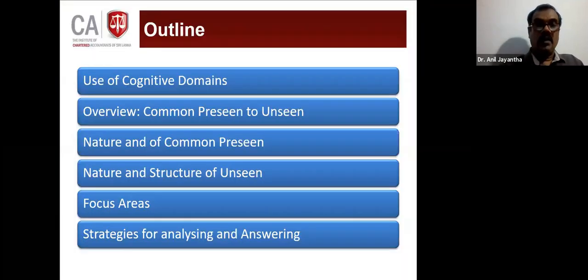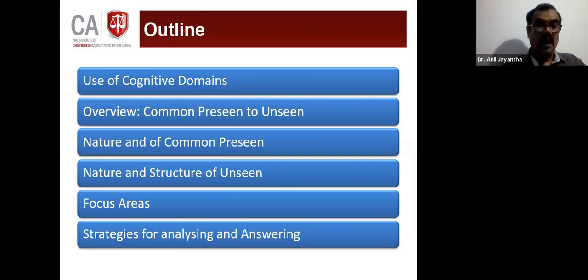Quickly I'll go to the outline of today's discussion. Use of cognitive domains is something that we are going to talk about, the prerequisites to tackle this particular issue, not only for this particular subject or the strategic level, and the use of cognitive domains is of paramount importance when we answer any questions or any examinations to a great extent.